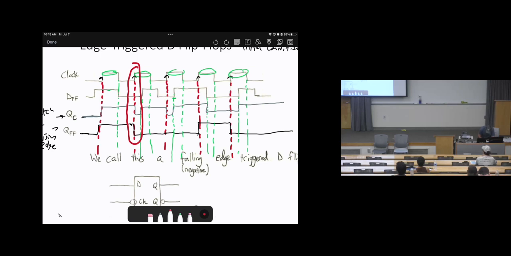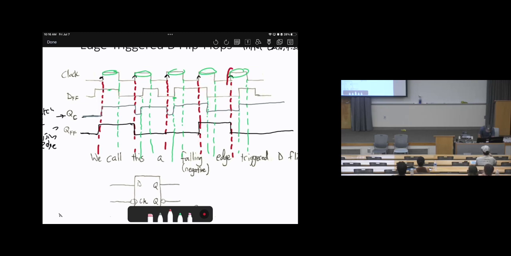Next one, D is 0, then it will move to 0. Right? Then we keep going with 0. Then in the third one, at the next update, D is 0, therefore it will keep 0. Let's go to the fourth one. D is 1, therefore it will go to 1. So the update happens only at the rising edges. Then the last one, D is 0, therefore it will be 0. Okay?